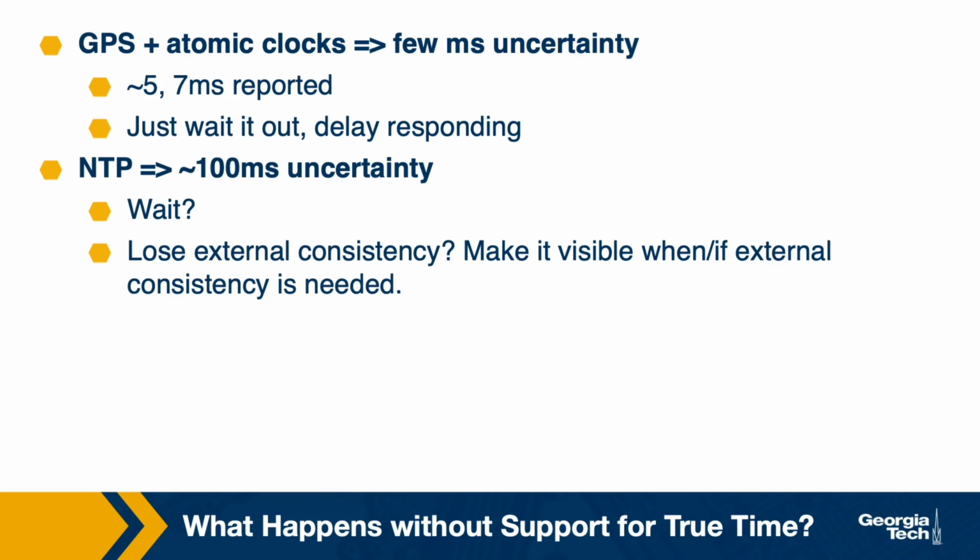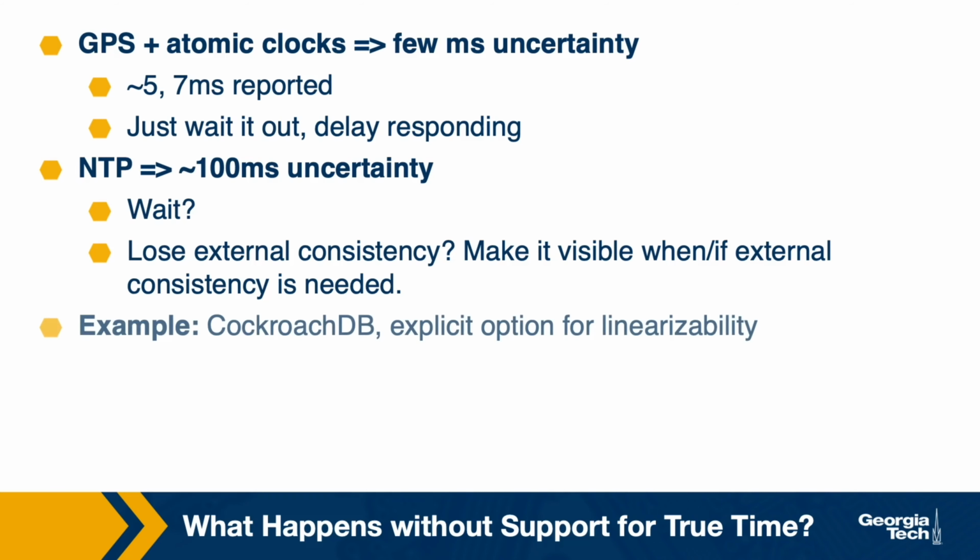So it makes sense to differentiate such cases, and only when the external consistency is indeed needed, then wait out the time or do something more expensive like spend time to synchronize the clocks. One example system is CockroachDB. It's a product built by essentially ex-Googlers that was intended to give the benefits of Spanner for systems that don't have the same kind of capabilities to implement TrueTime.